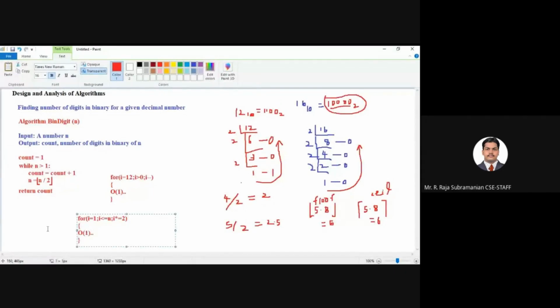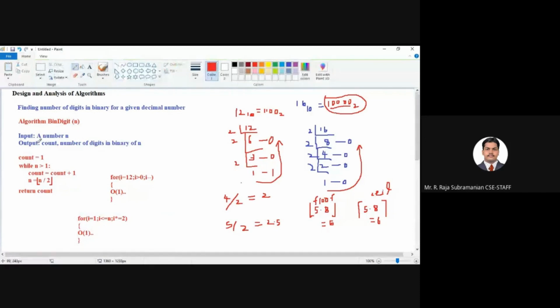Now, what will happen? First, in the first iteration, what is the I value? Initially 1. So the iterator variable iter is 1.